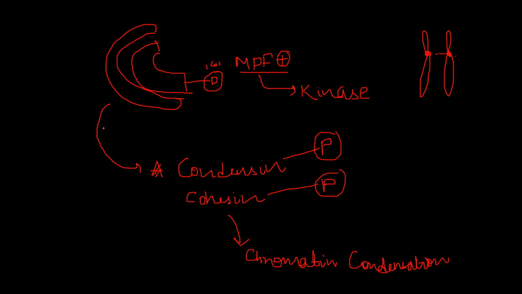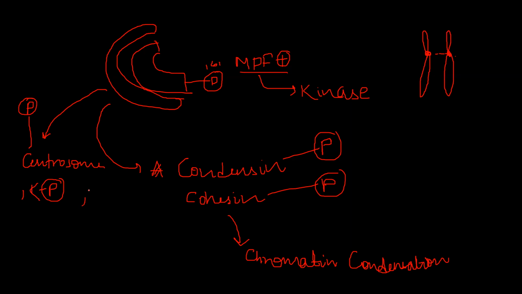Now, this is one role. Another role is that it will do the phosphorylation of centrosome. Centrosome, have you heard about centrioles? Yes. So that is the centrosome. It will do the phosphorylation of kinetochore. Kinetochore, you all have heard.